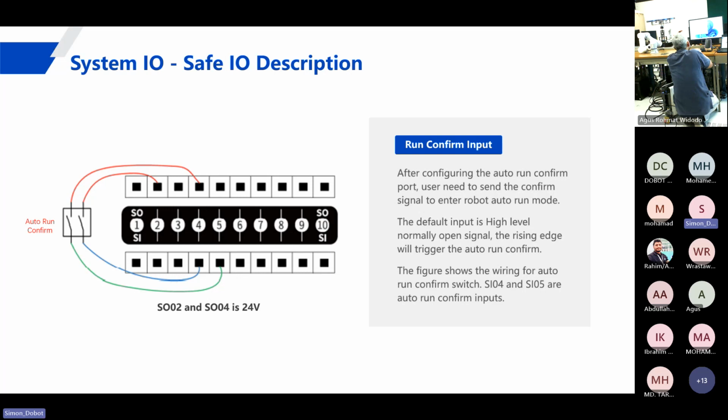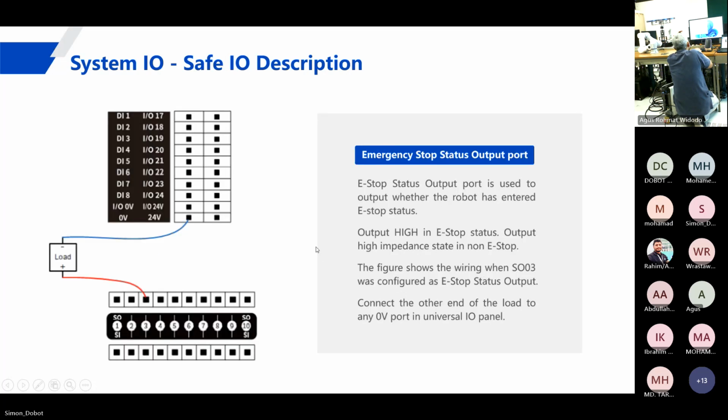This is the diagram for the auto run. It's similar. 2 and 4 is power supply. Actually, 2, 4, 10 is power supply. This is emergency stop status output.